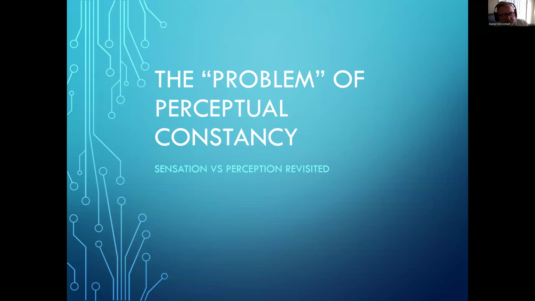So what we've seen so far is that the visual system is faced with a pretty difficult challenge of recognizing an object. And I say it's a challenge because it's a challenge for perceptual scientists to understand it.